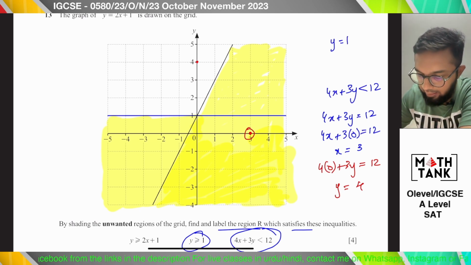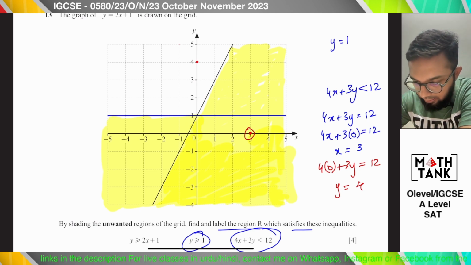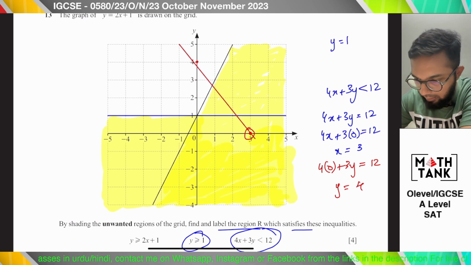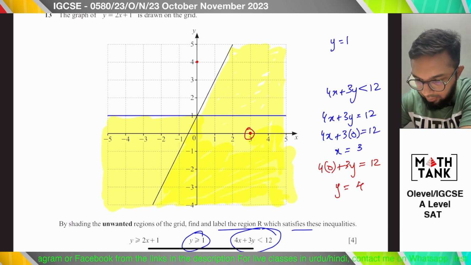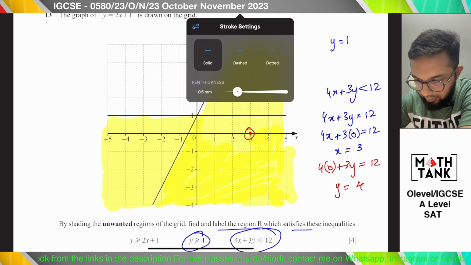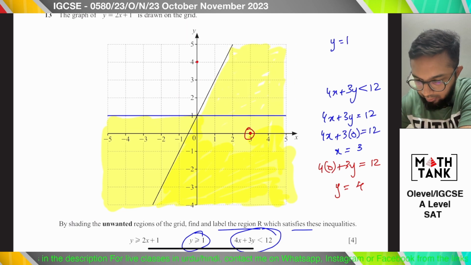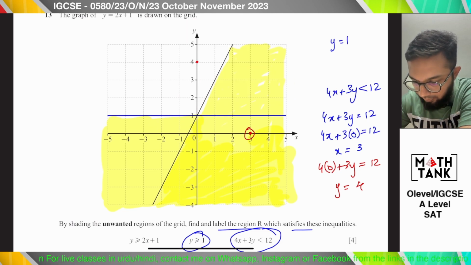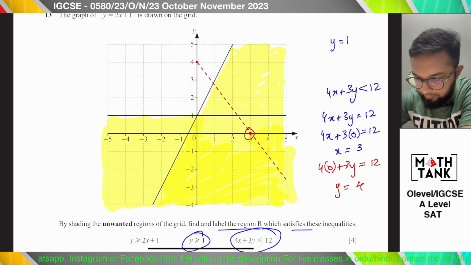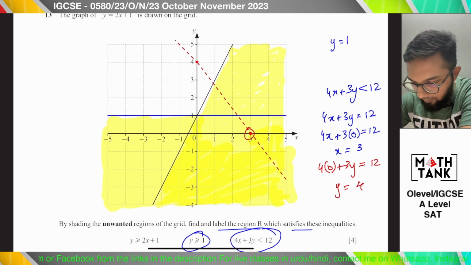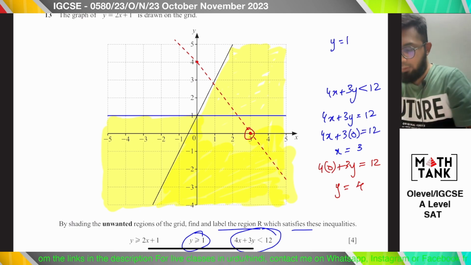So this is the line, and I want this to be dotted, dashed. That's straight.